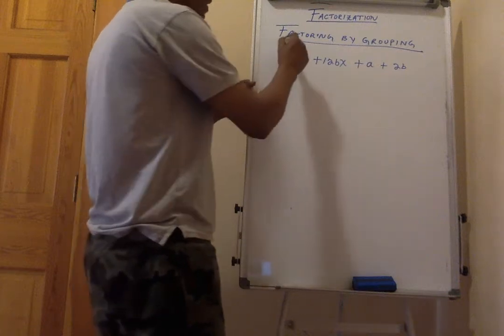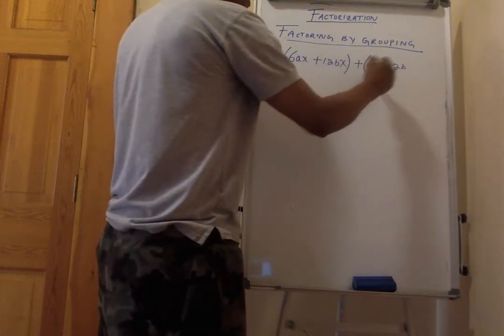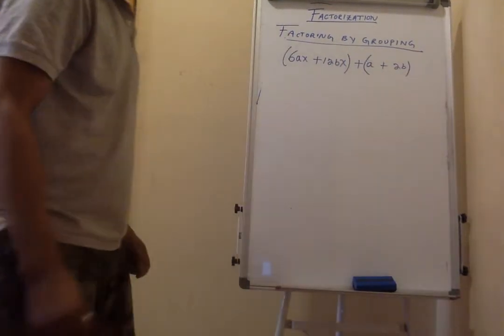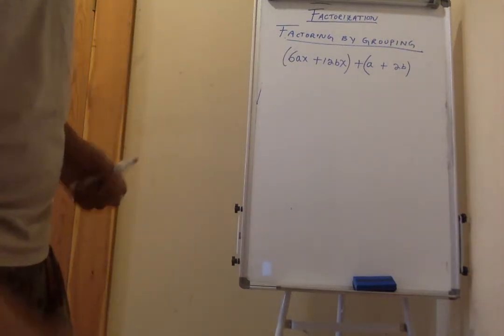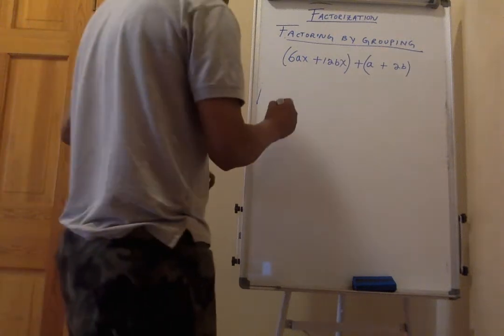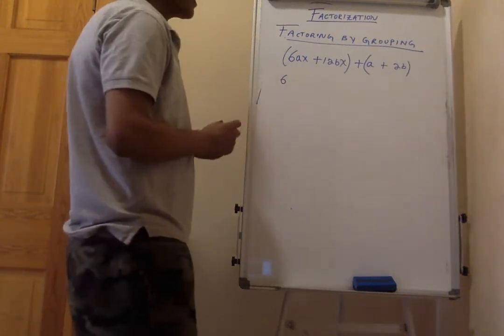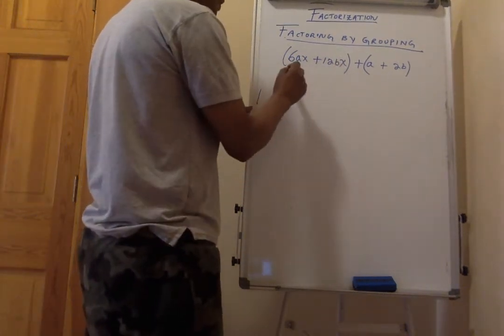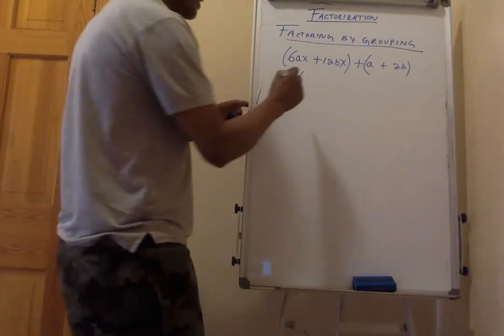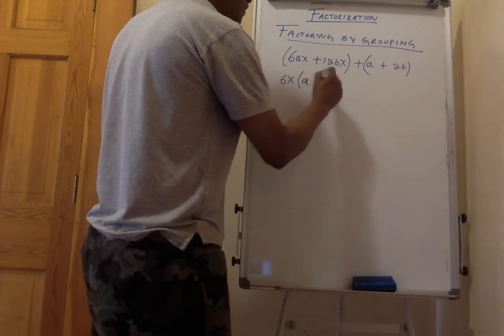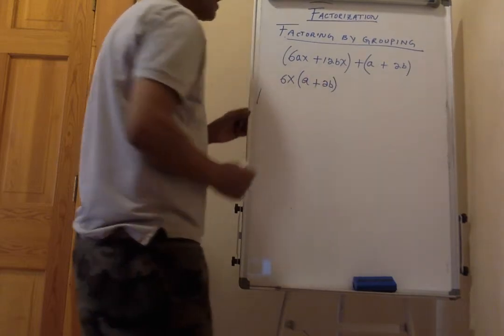So again, let's go ahead and do the grouping and find the greatest common factor between 6 and 12, which is 6. Between ax and bx is x, right? So what is left is what? It is a plus 2b, right?